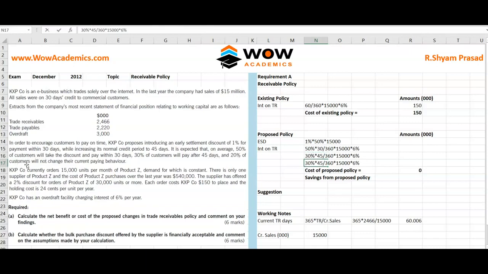Finally, 20% of the customers will not change their current paying behavior. If they don't change their behavior, they're going to pay only in the current existing policy of 60 days. So that's about the three numbers here. We can just copy them all and put them here. So we'll just add equal.